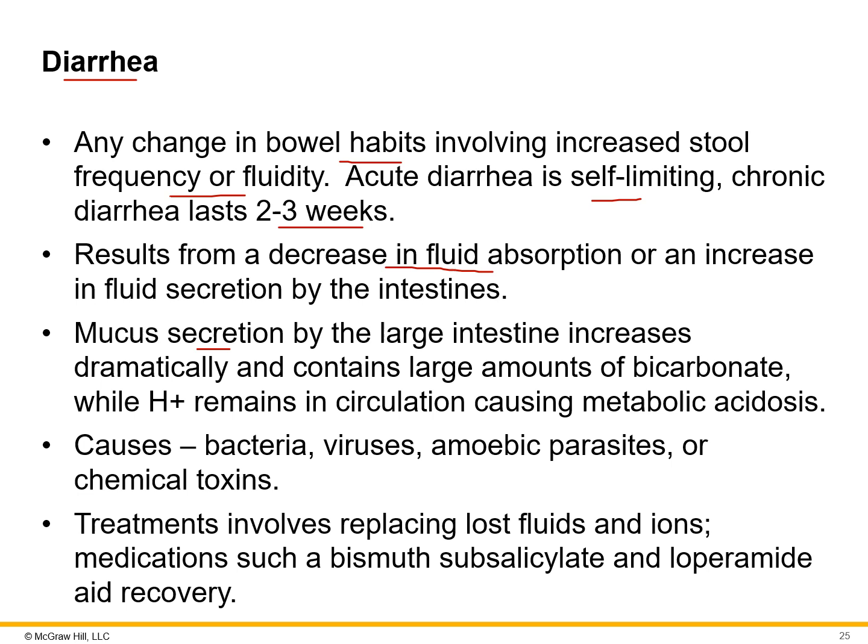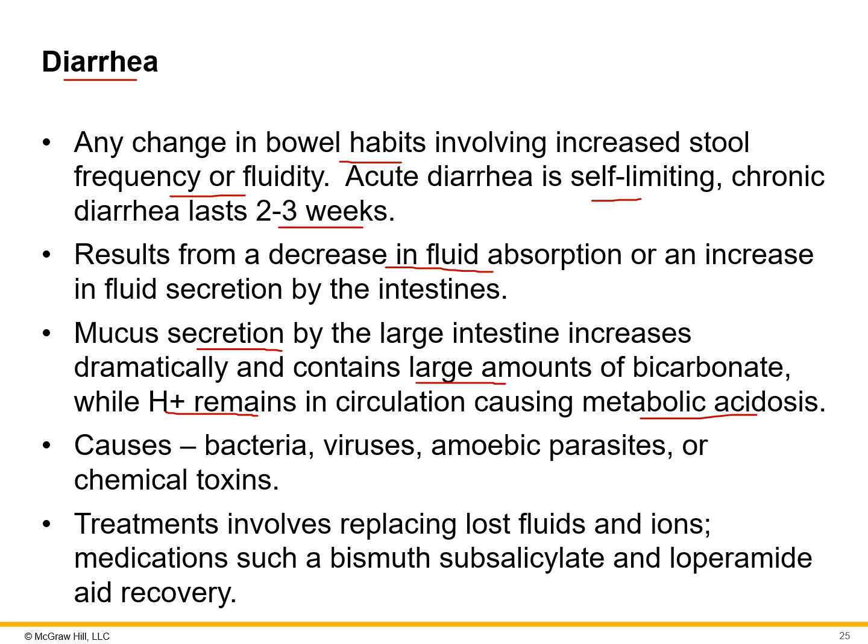So mucus secretions by the large intestine increase dramatically and have large amounts of bicarbonate. So the hydrogen ions remain in circulation, and that can cause metabolic acidosis. So it causes the pH in our system to go down because, as the water moves out through the diarrhea, so do those bicarbonate ions.